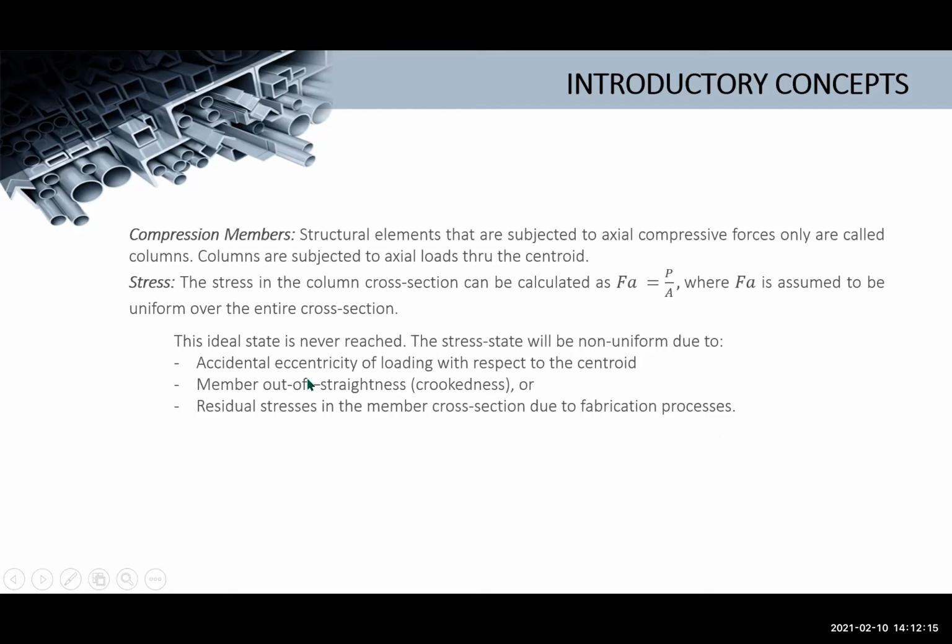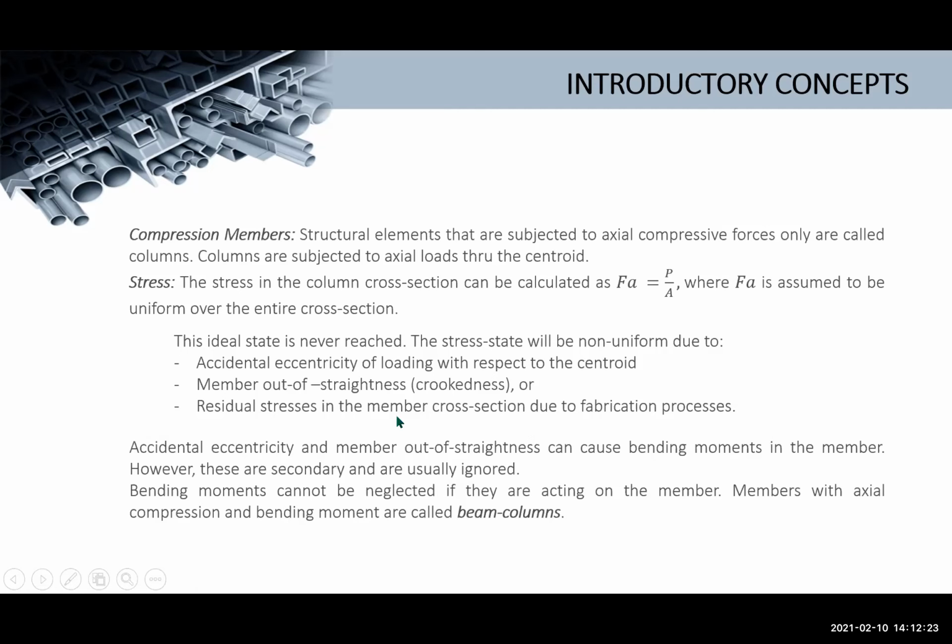So these are the causes of the non-uniform distribution of stress in our columns. The accidental eccentricity and member out of straightness can cause bending moments in the member. However, these are secondary and are usually ignored.